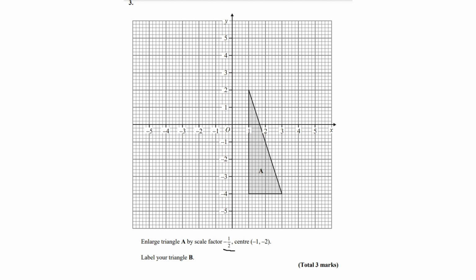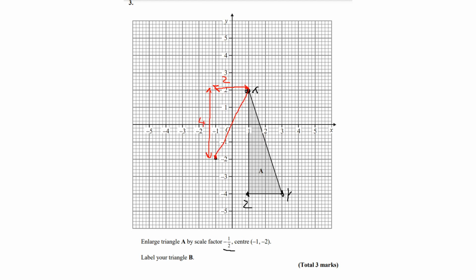So -1, -2 is here. And we need to label triangle B. Okay, so first things first, let's label this one X, this one Y, and this one Z. Let's start with X. So for X, we need to go 2 across and 4 down, sure.